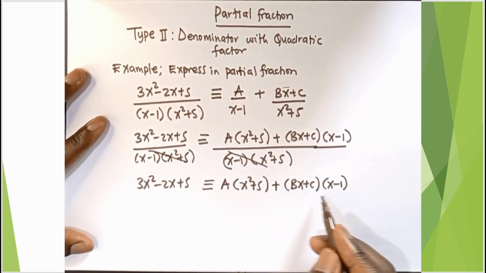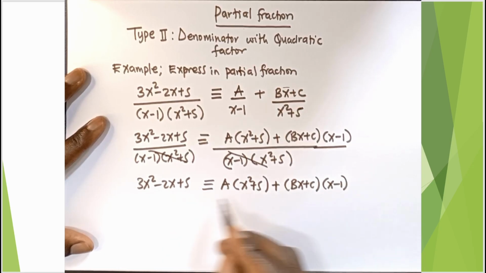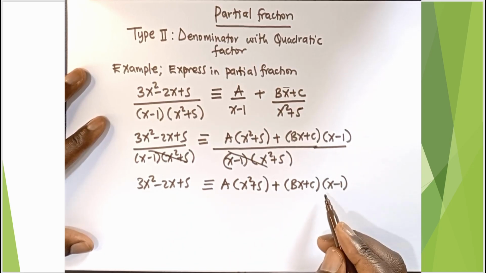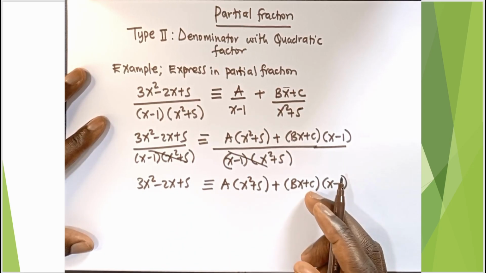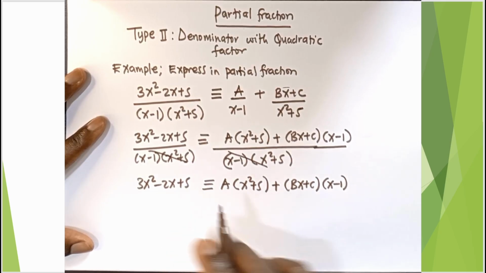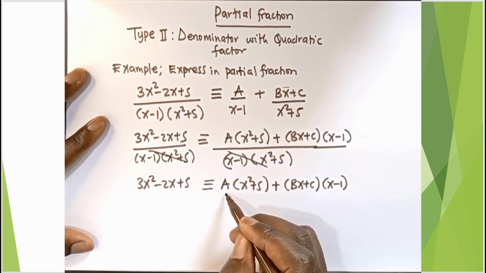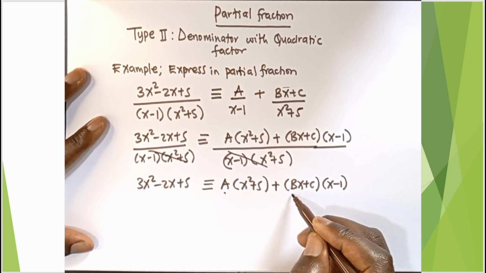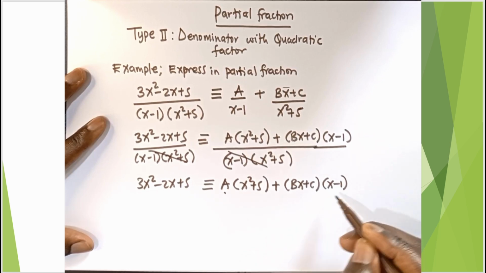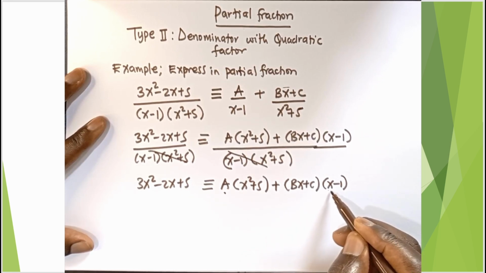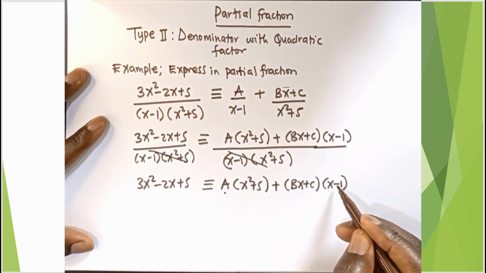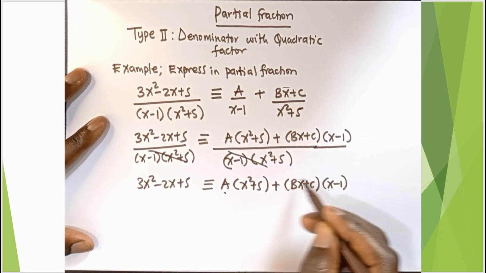Now when we reach here, this is where we start to let the values of x that can eliminate some unknowns, such that we get the others. For example, if I want to get A, I'll have to eliminate this whole thing. How do I eliminate it? By making x 1. When I make x 1, this whole bracket will go to 0 and the whole thing will go to 0.